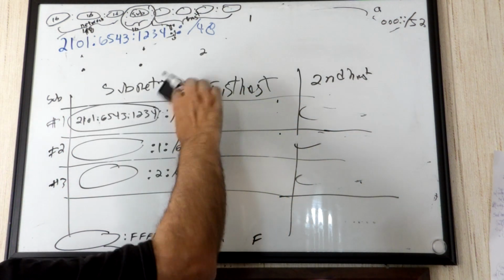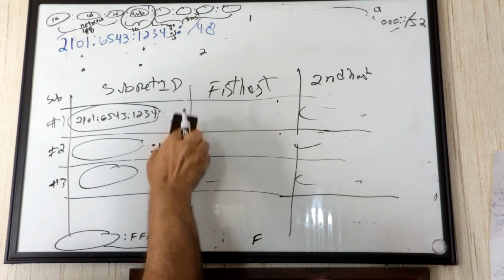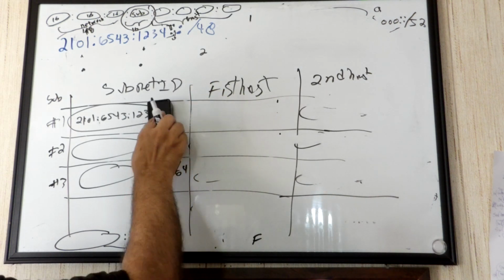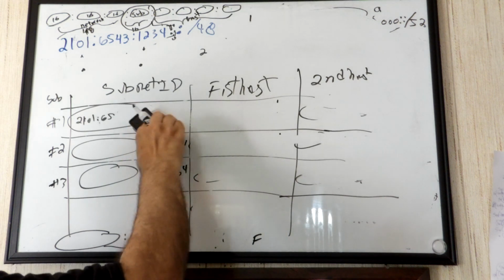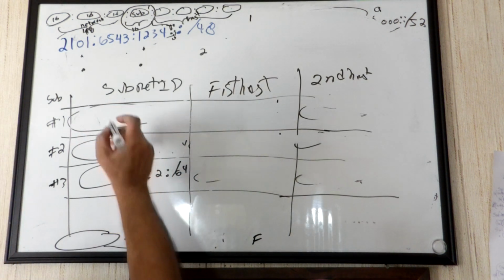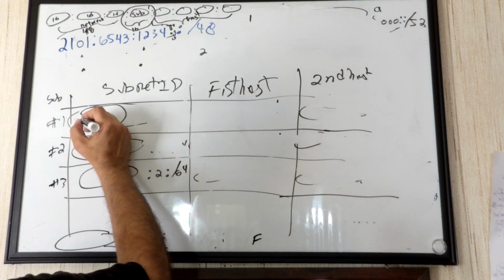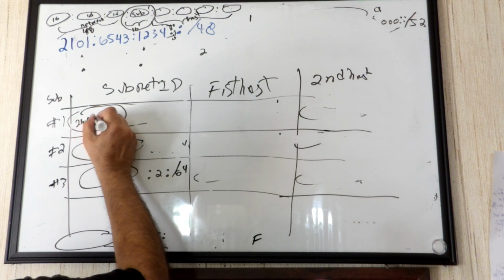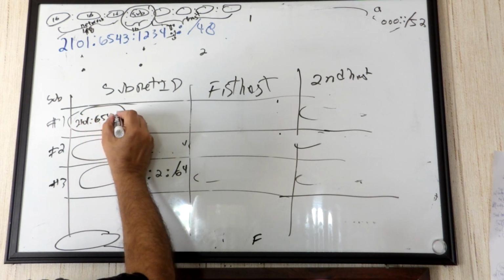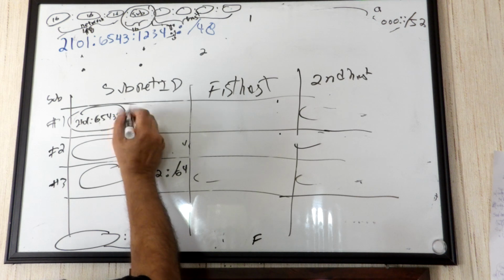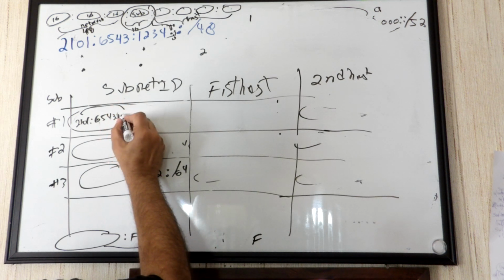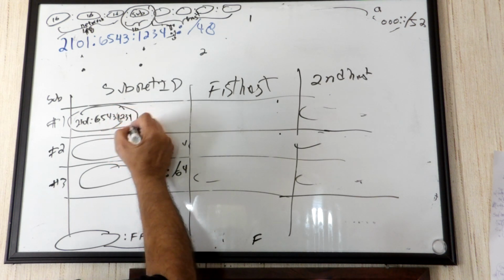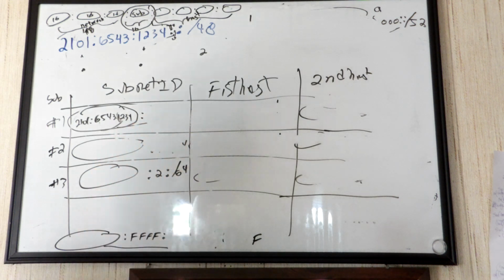Let's talk about this. This is almost the same. Yeah, this is 2101. I don't want to write this for the rest of it. 1, 2, 3. 1, 2, 3, 4. Okay.